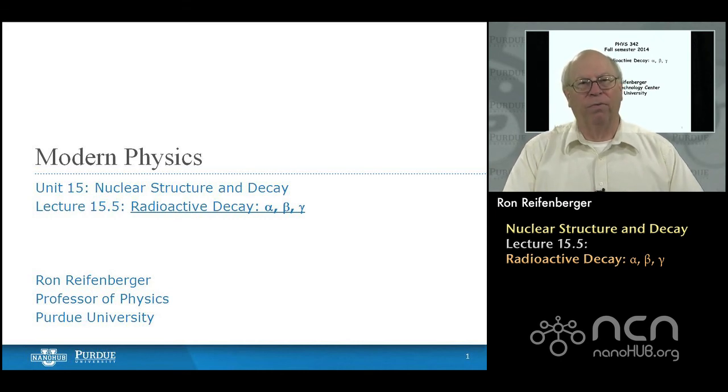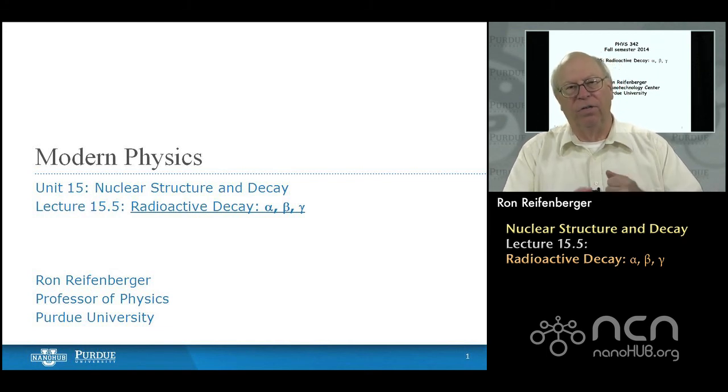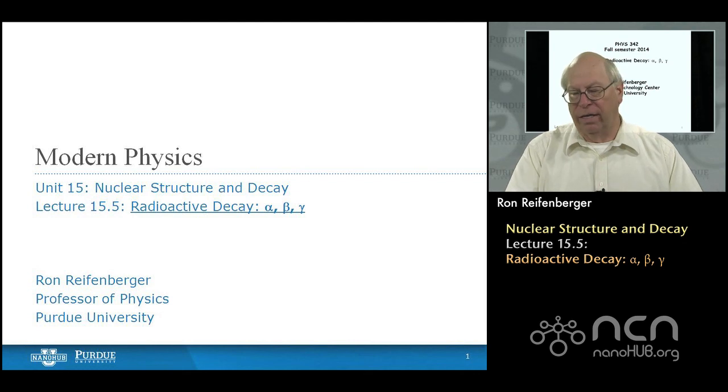So I think it's important for you to at least have some qualitative understanding of what they're about, and also to be able to do some reasonably simple calculations that allow you to predict the energetics of these radioactive decays.